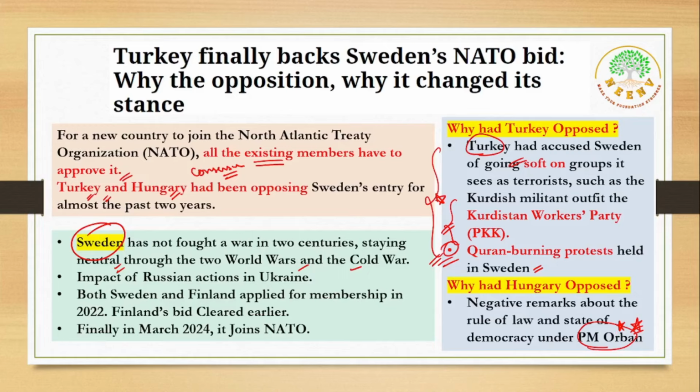So that is why Hungary was opposing Sweden's membership. So after some negotiations, finally Turkey and Hungary agreed to NATO membership, and in March 2024, Sweden officially joined NATO. Now let's go back to the question.